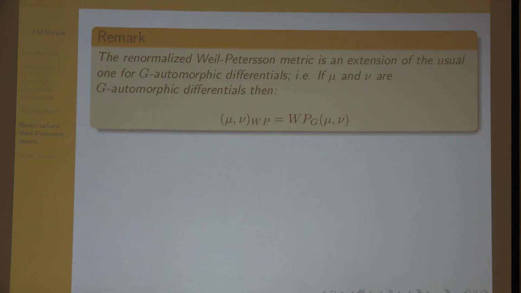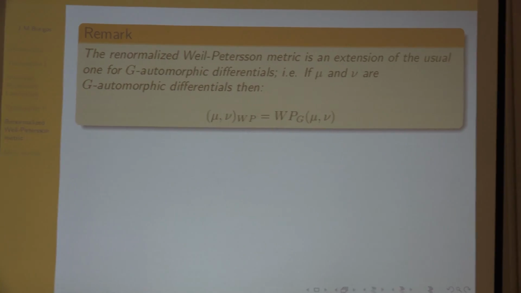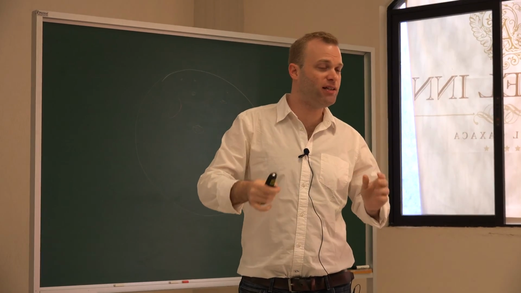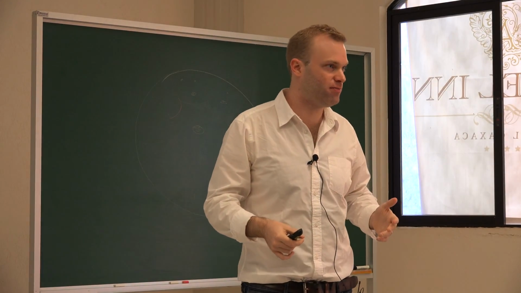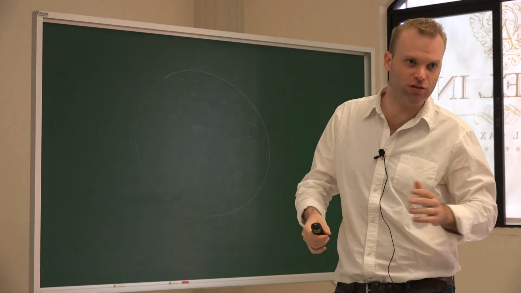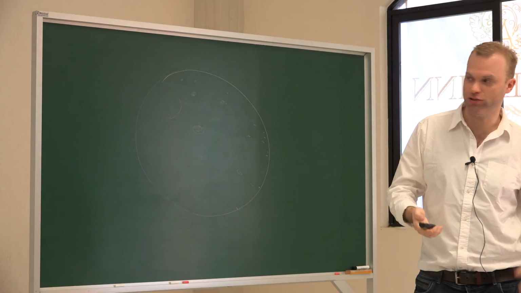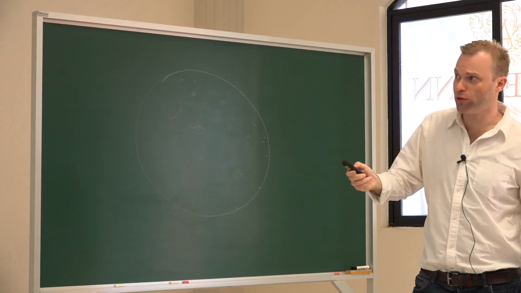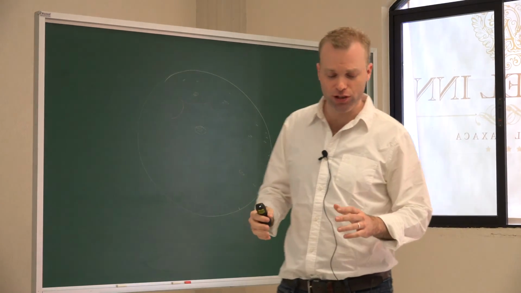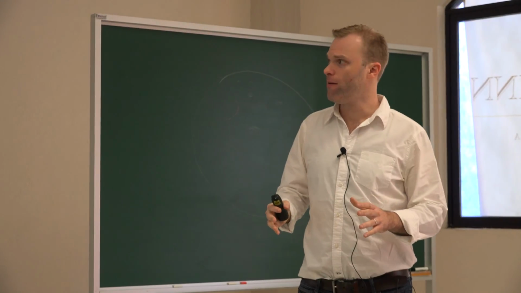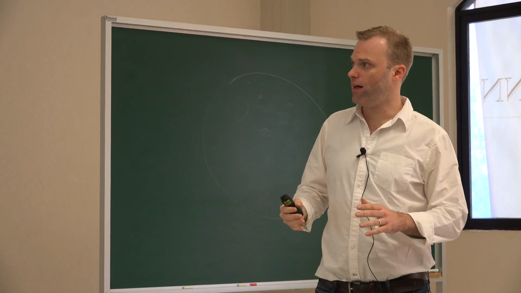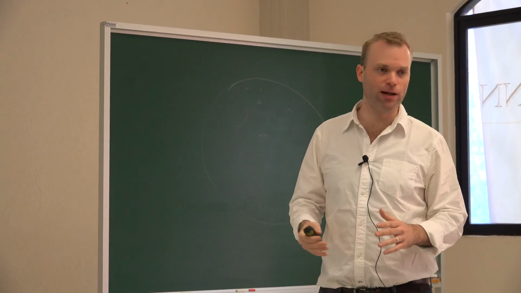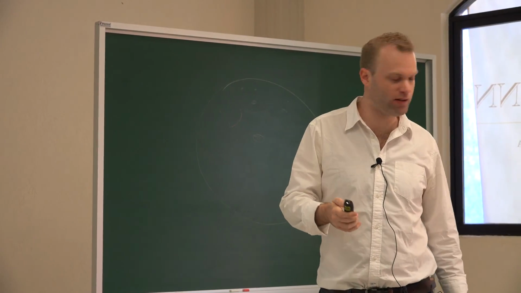I don't know how to say it. It is convex complete. For every pair of points, you have a unique geodesic, but it is not geodesically complete. By Hopf-Rinow, it is not topologically complete either. So, well, an important remark: the metric we just constructed is an extension of the classical Weil-Petersson metric on G-automorphic differentials.